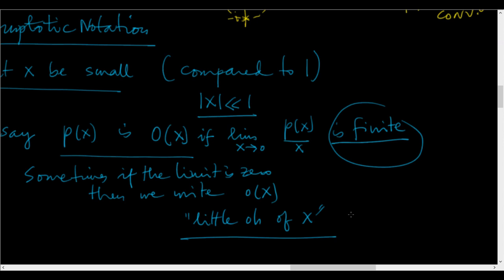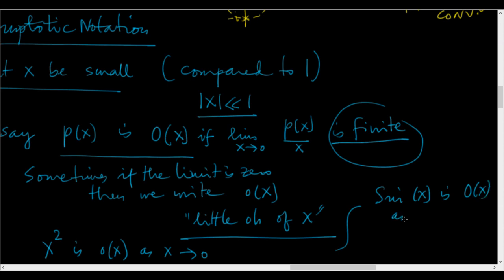Okay, sometimes we will say order 1, so for example, x square is little o of x as x goes to 0, but sine of x is O of x as x goes to 0, right? Cos of x is order 1 as x goes to 0.